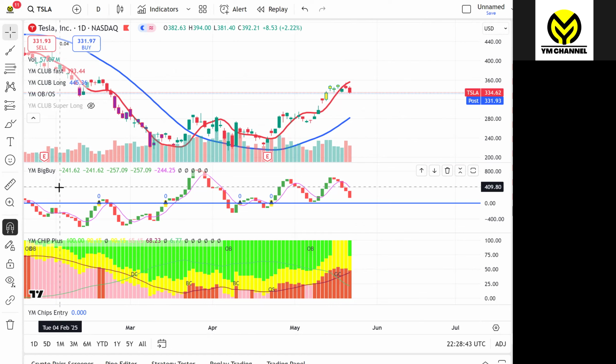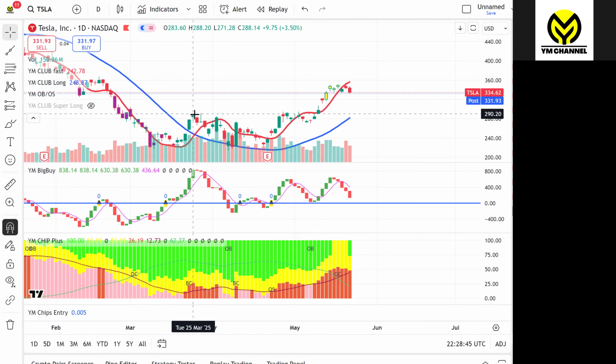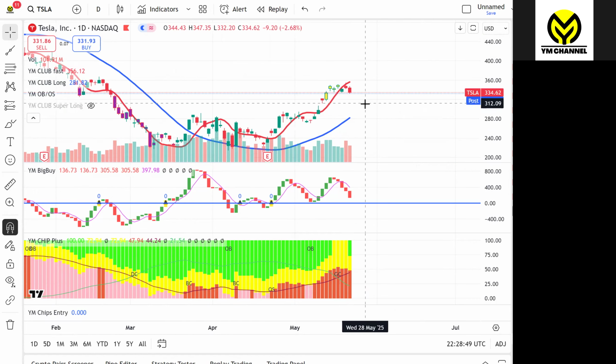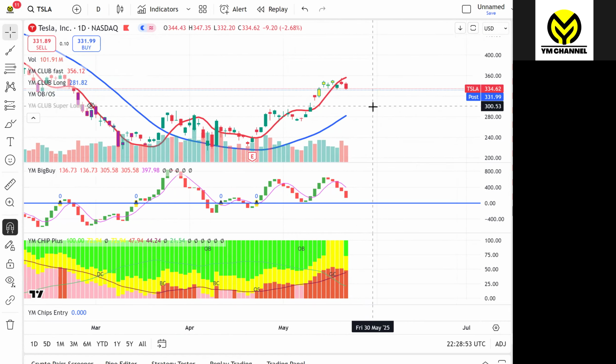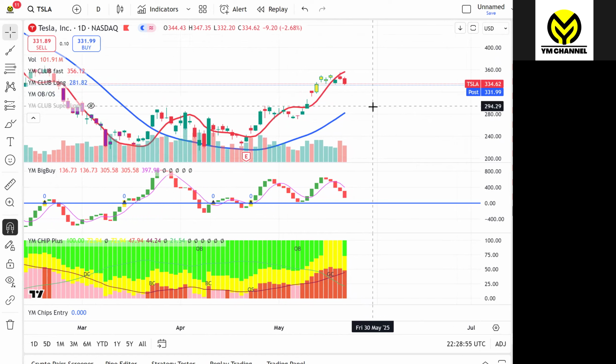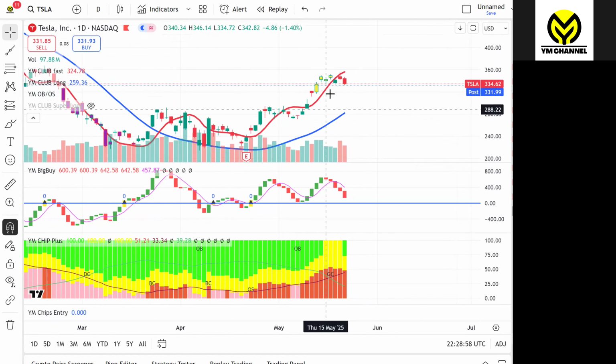So for the first thing, for the regular investor, if you buy with the blue, you buy here, and you still keep it. There's no sell signal, okay? Number two, for the fast term or short term trader, look here. You buy here, now you sell. You buy here when they go above the red, you sell when they drop below the red.